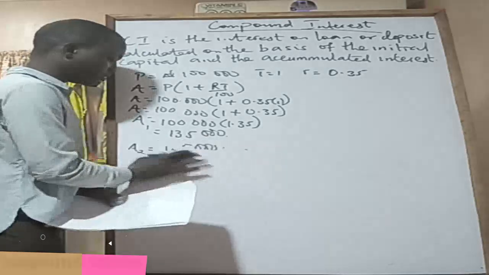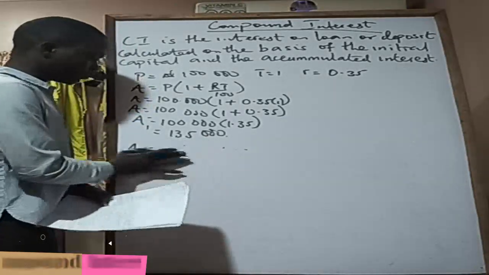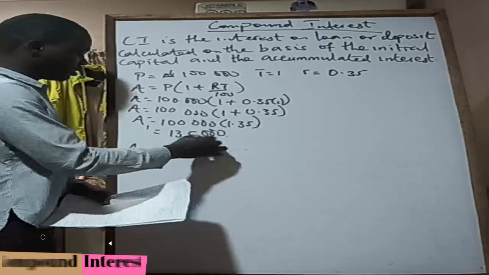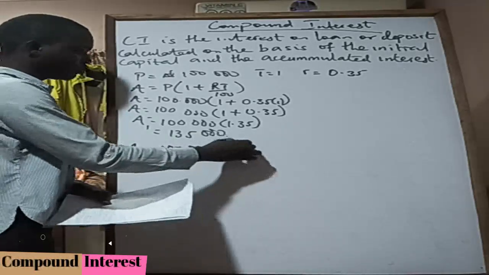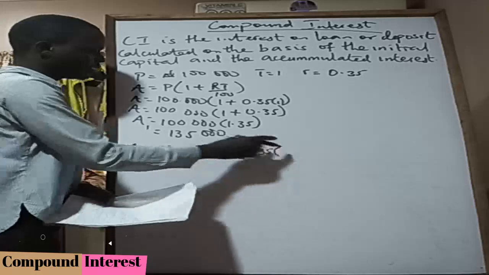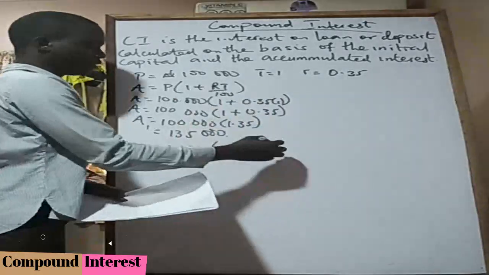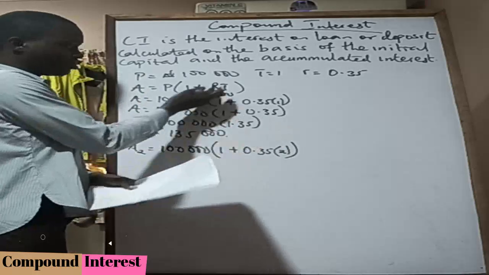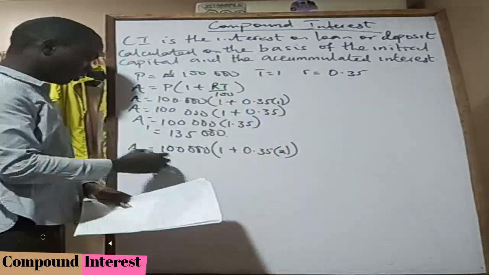I should be getting 100,000 into brackets 1 plus 0.35 times time 2. I don't use the 100 because I've converted the whole thing to decimal.